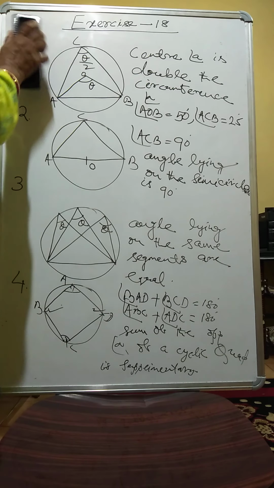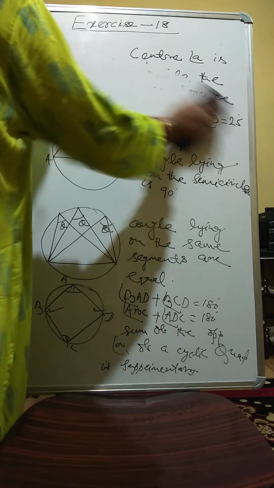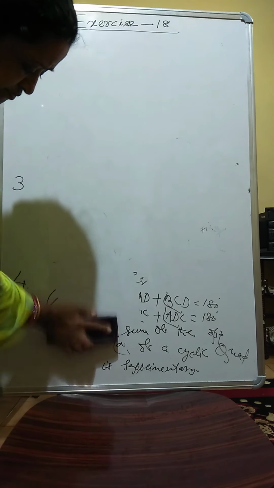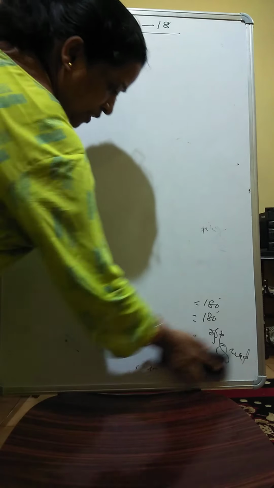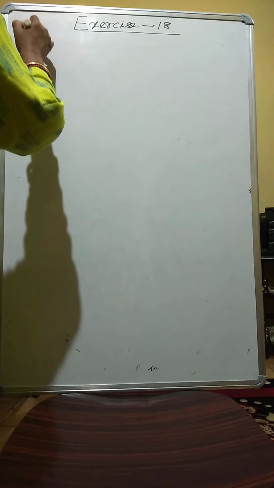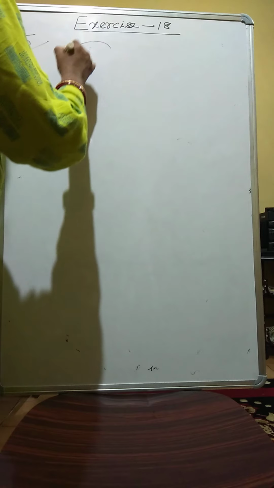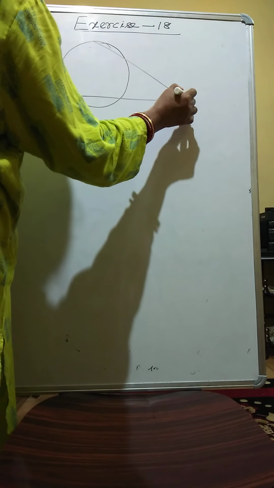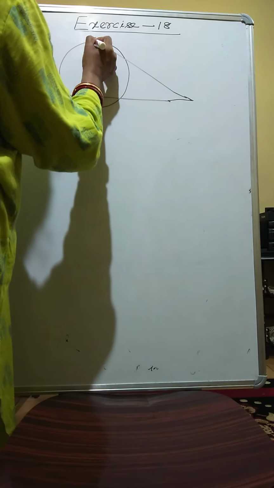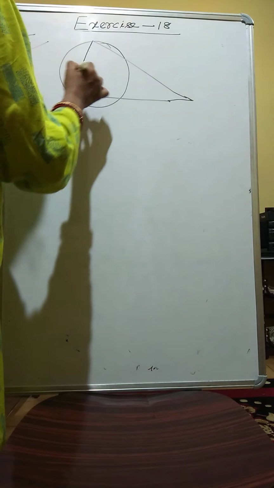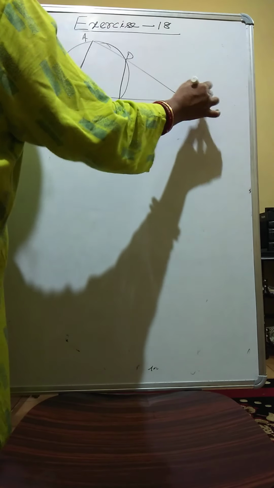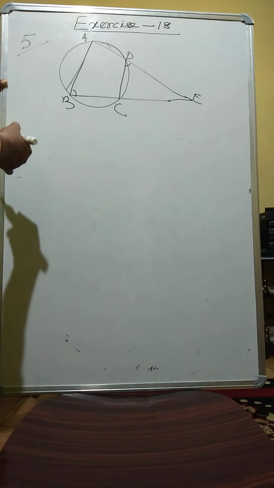Then fifth point. A, B, C, D, E. This angle is equal to this angle.